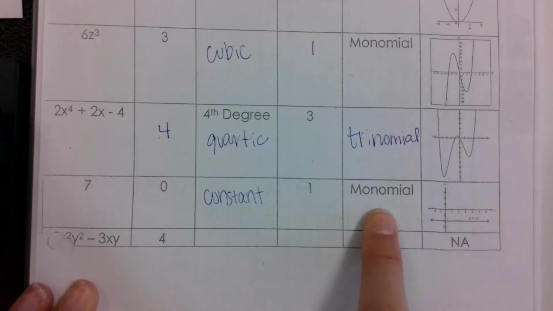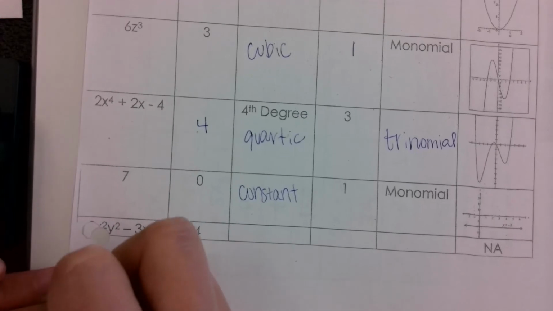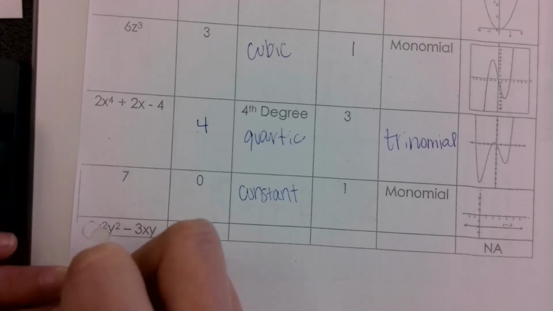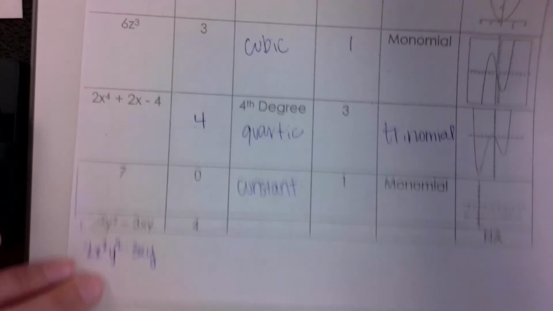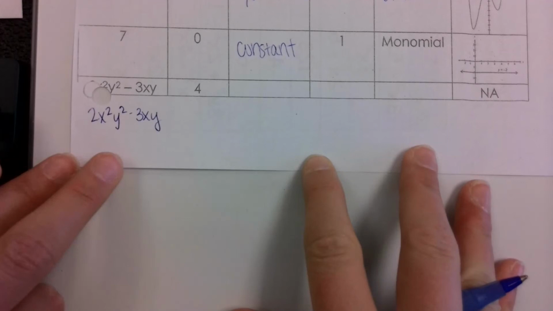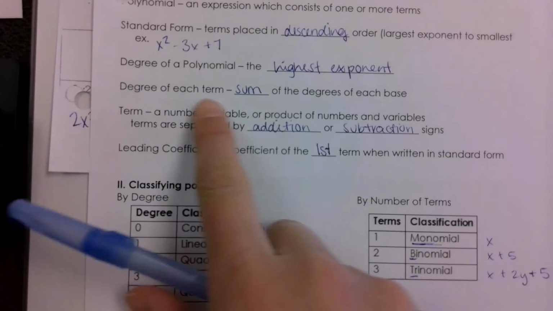Now the last one that you've got down here is kind of punched out. That's supposed to say 2x squared y squared minus 3xy. It says that the degree is 4. Do y'all see a 4 anywhere there? We haven't done one like this before, but do you remember back on our notes, we said the degree is the sum of the degrees of each base.